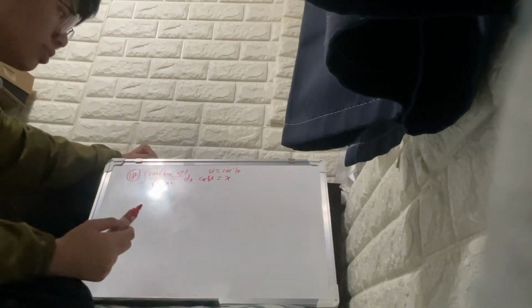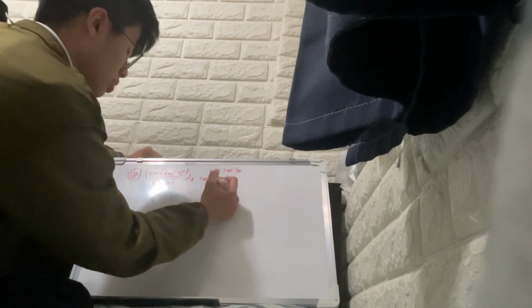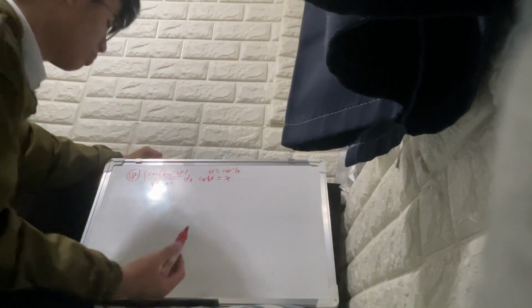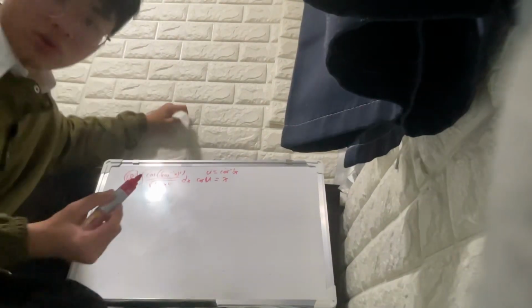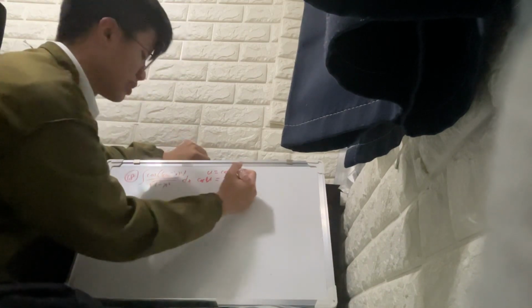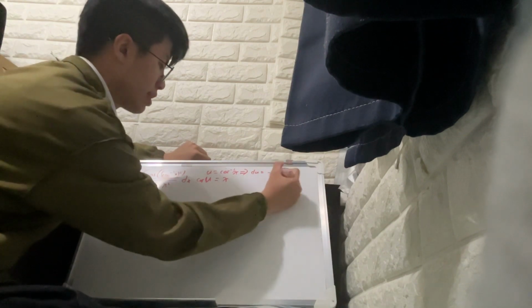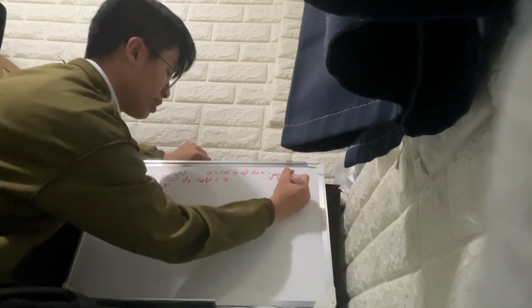Cosine u is equal to x. Plus, and then du is equal to negative 1 over square root of 1 minus x squared.